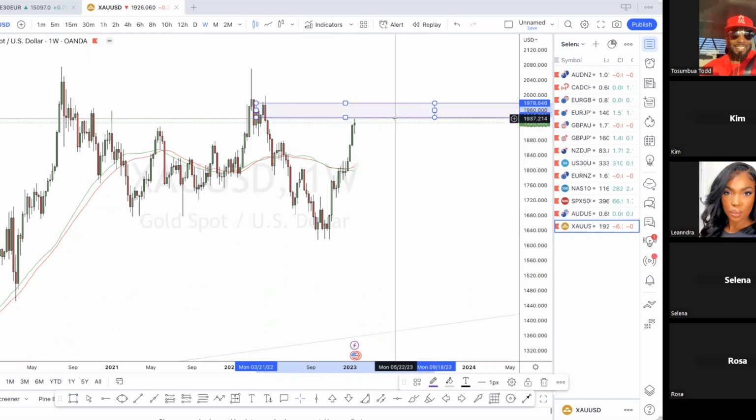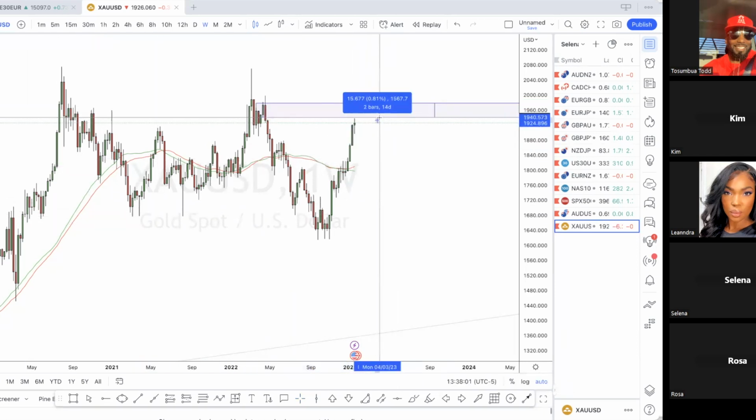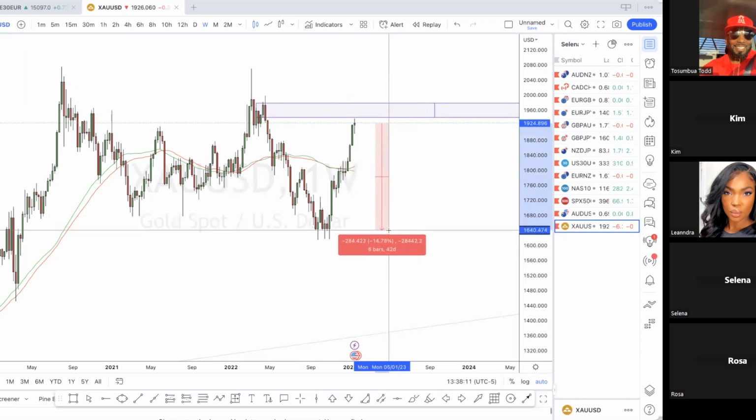If indices are dropping, gold is probably going to be dropping. So I would expect price to come in here and start dropping back down. You got maybe 156 pips, maybe 250 pips before it starts dropping back to these lows, which is 3,000 pips.